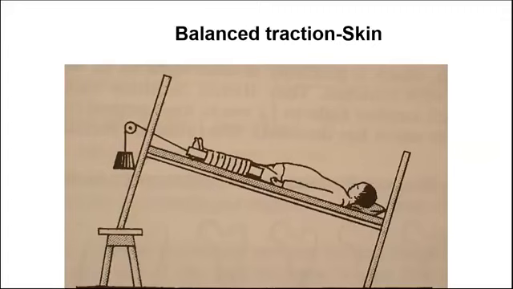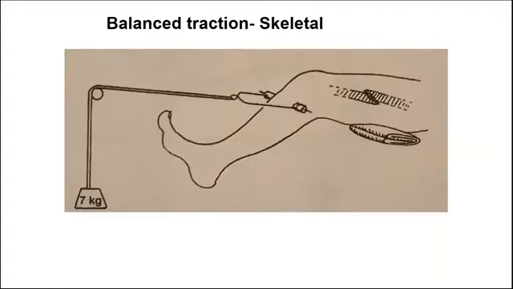Next is balanced skeletal traction. Again, previously this used to be a definitive method of treatment in centers where you don't yet have the ability to do surgeries. You can still use skeletal traction to treat fracture femur where it's indicated, both in adults and in bigger children.